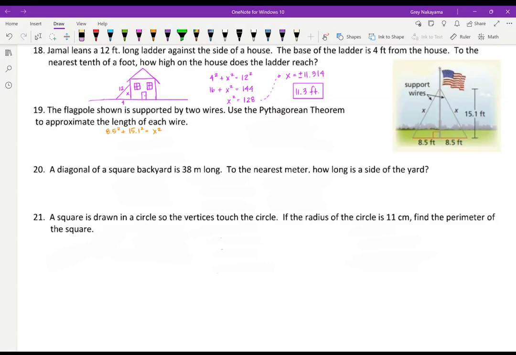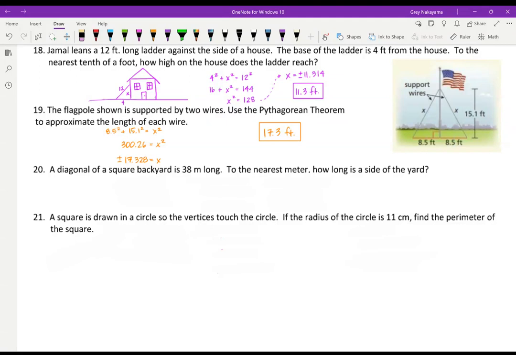So put those in your calculator and you'll get 300.26 is equal to x squared. Take the square root of both sides and x equals plus or minus 17.328. Again, cannot be negative. So the length of each wire is going to be 17.3 feet.